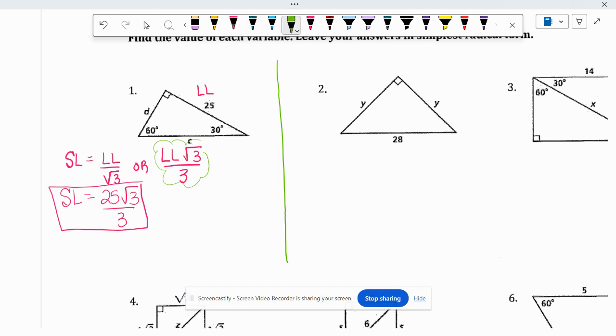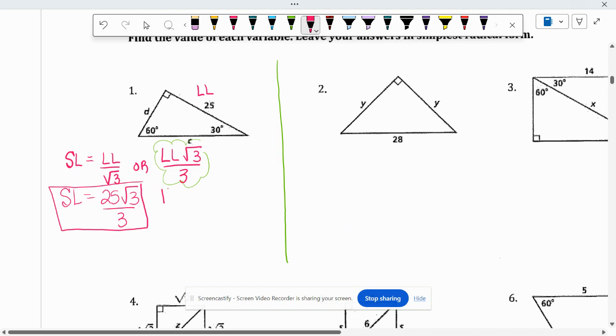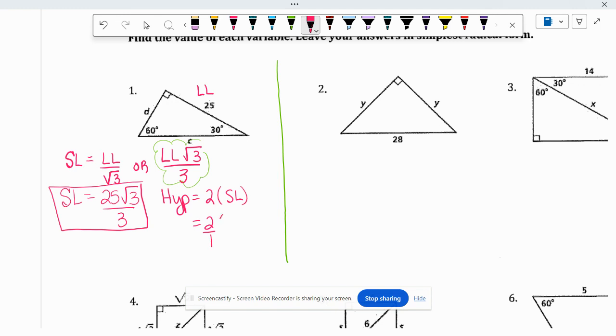If we know the short leg, can we figure out the hypotenuse? Yeah. Remember that the hypotenuse equals 2 times the short leg. So that's 2 over 1 times 25 root 3 over 3. So what is my hypotenuse?